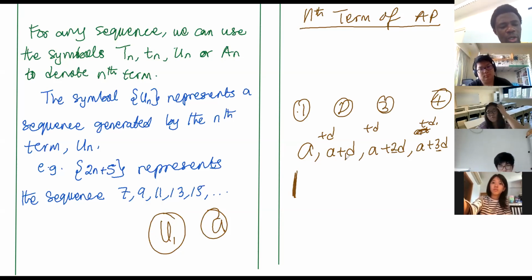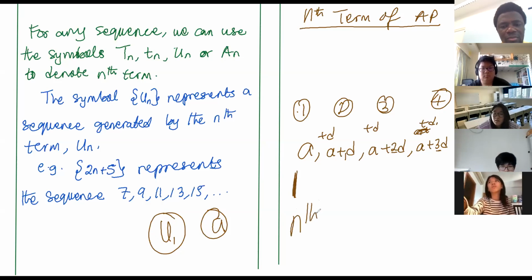Quickly. Yeah, just say it. So if I want to find the nth term, what will it be? DN? Think again. The coefficient of D plus 1. Coefficient of D plus 1. So can you tell me how to write it in terms of A and D now?